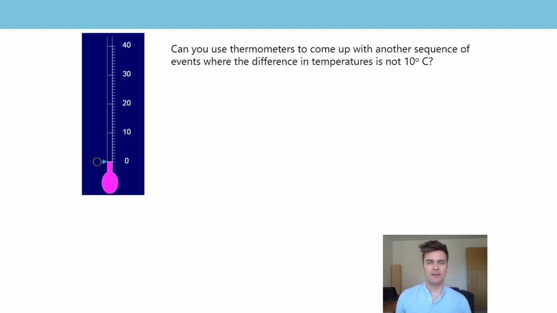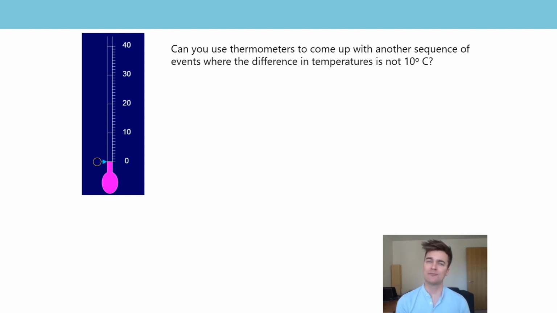Okay, challenge for you. I want you to keep the idea of temperatures changing. But I want you to change the difference between temperatures. Can you create a little sequence, a bit like the one we just had, where temperatures are changing by the same amount each time? Don't use 10 like I did.